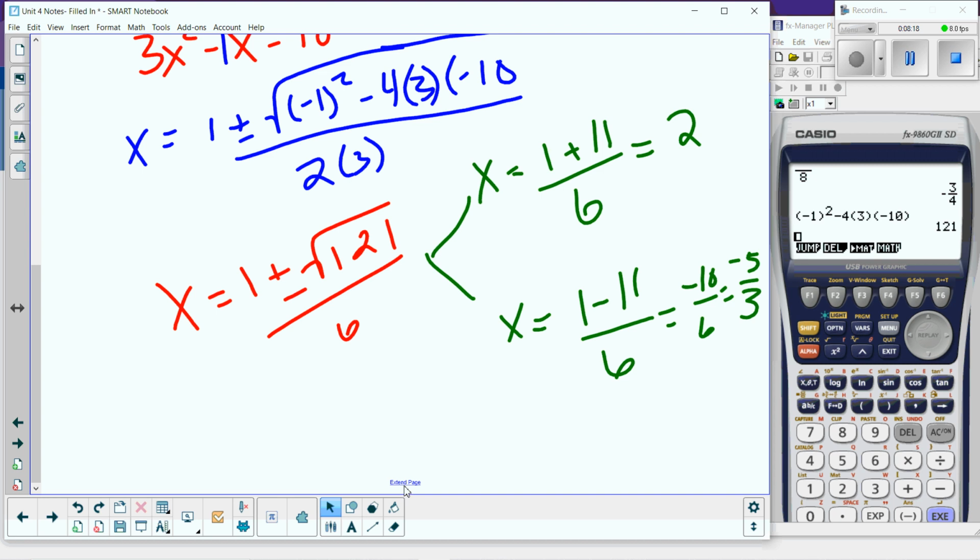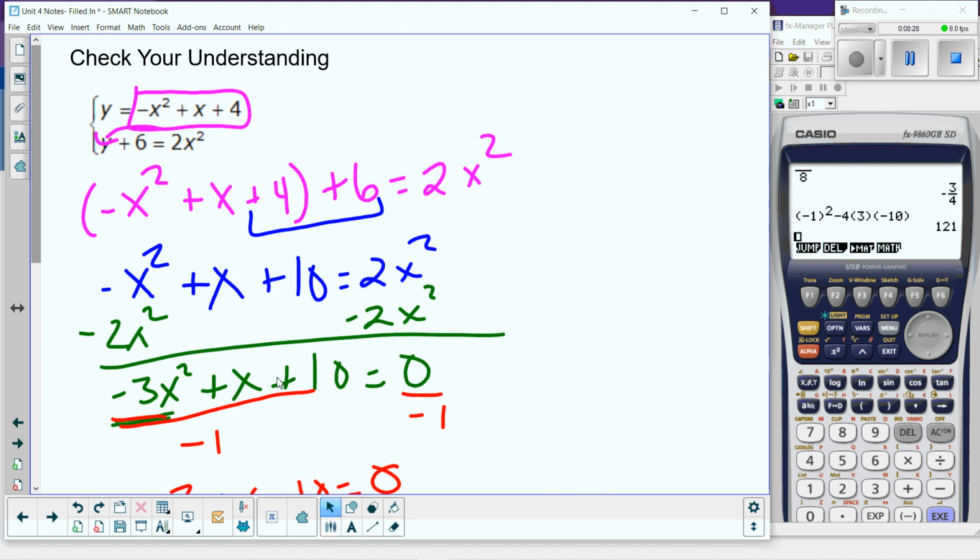So now we know what x is. We still have to find y. But we have two x's, so that means we're going to have two answers for y. I would use this first equation to find my answers because it's already solved for y. So I'm just going to copy this and move it down here so I have it again.